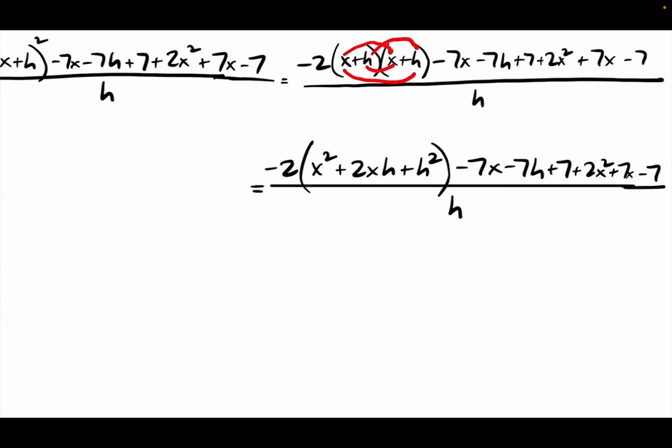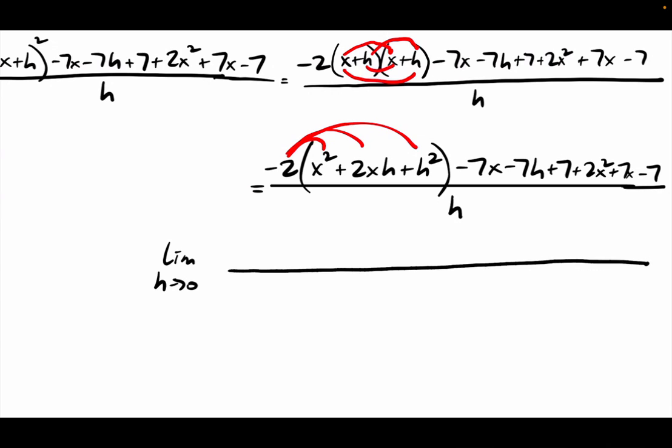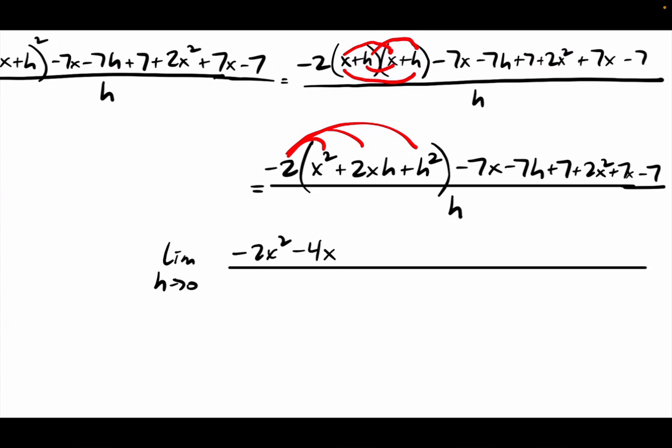So now I can distribute the negative 2 to here, to there, to there. So I get the limit as h approaches 0. Negative 2x squared minus 4xh minus 2h squared, and then everything else that was up there to begin with, or from the last step.